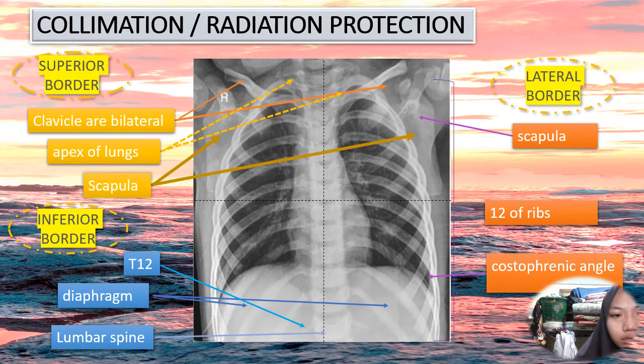Then for the inferior border, we can see T12, diaphragm, and last, the lumbar spine. For the lateral, we can see the scapula, the 12th rib, and lastly we can see the costophrenic angle.